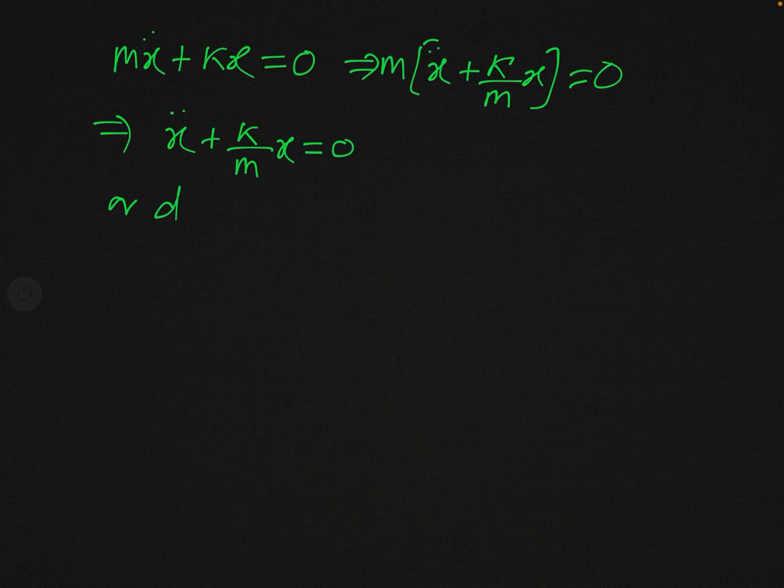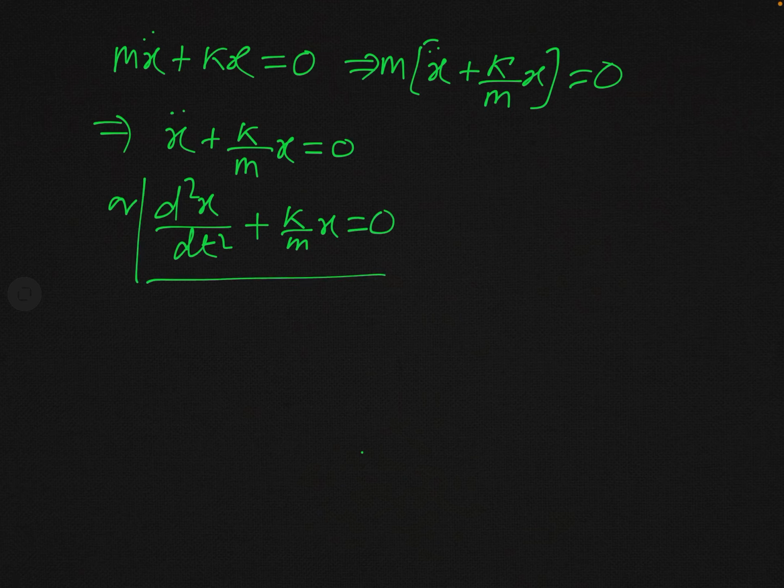Or you may write it in this manner: d2x by dt square plus k over m x equal to 0. And you can see this is actually the equation of motion of this linear harmonic oscillator. This is simply the equation of SHM.